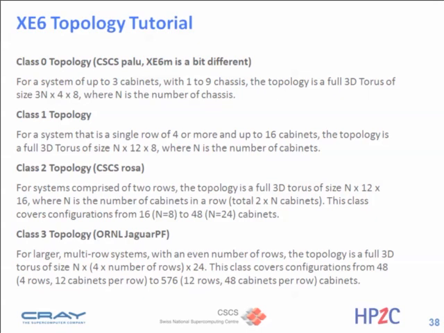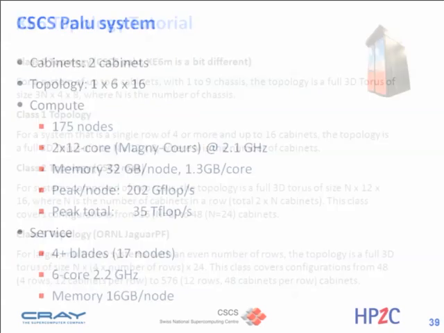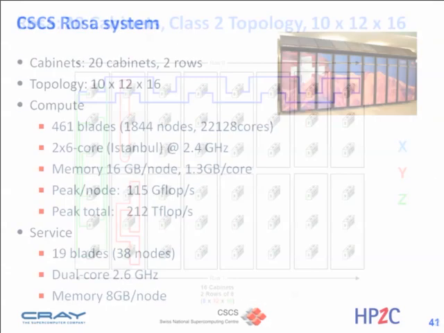And the topology you choose to connect your nodes depends on the size of the machine. We have 4 classes of topology. Depending on how many nodes you have, we propose a different way of connecting them. There are many good reasons for this, which may become clear.